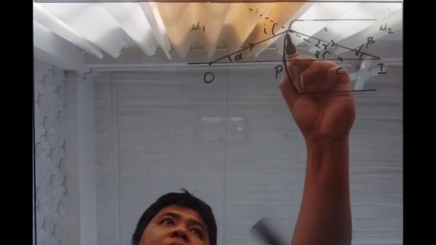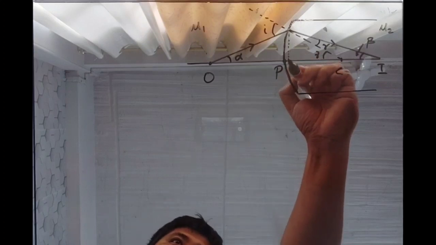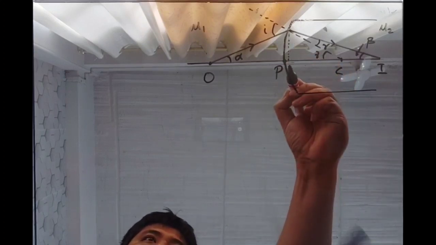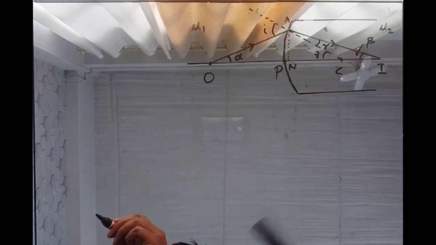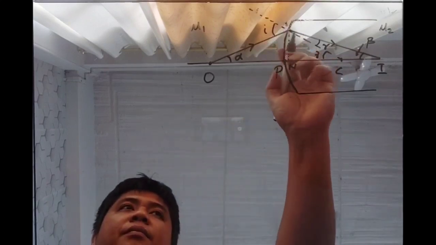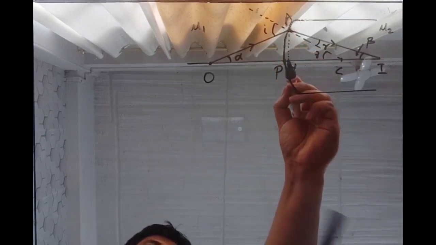We have to drop a perpendicular. Let this point be A, PA, and this is N. It is perpendicular.